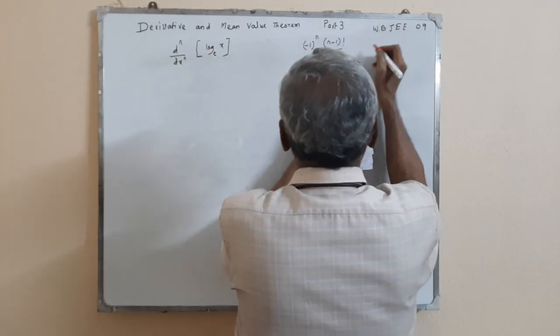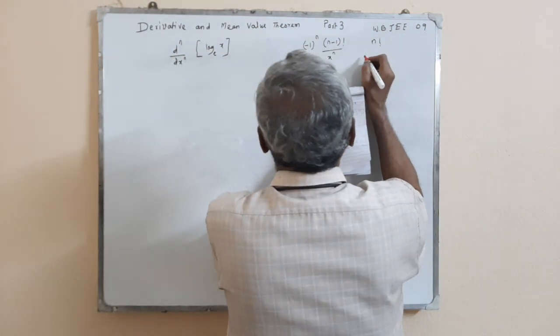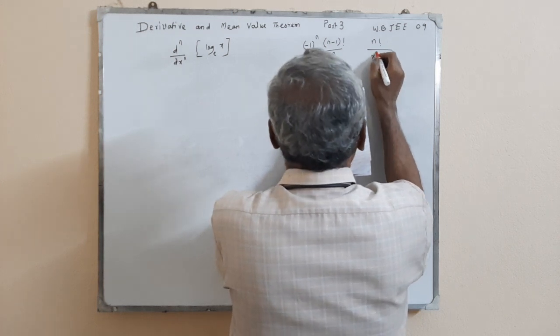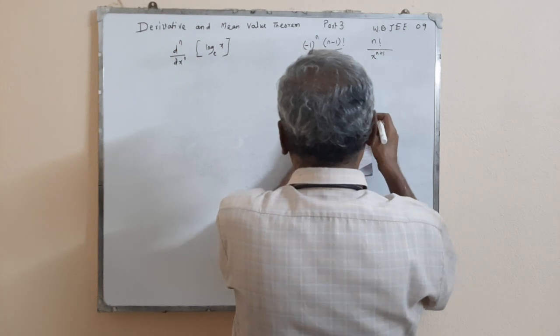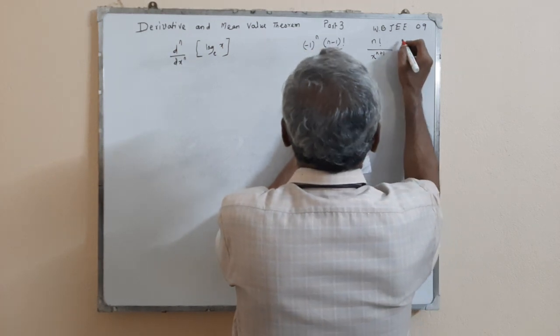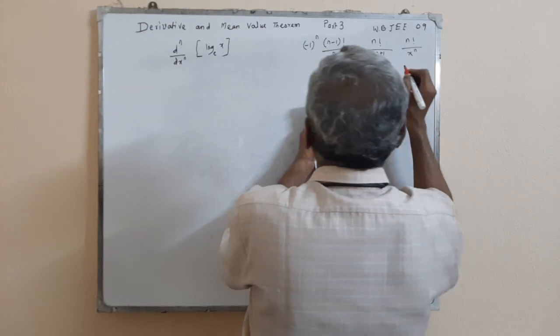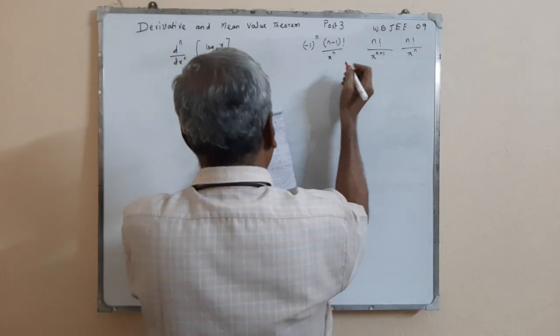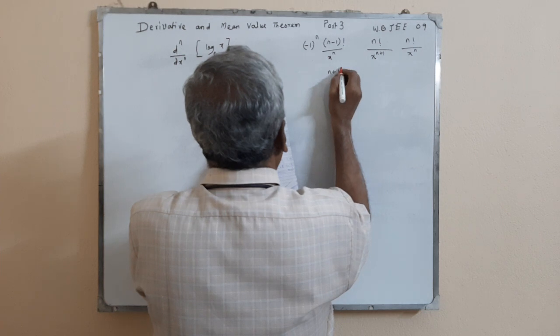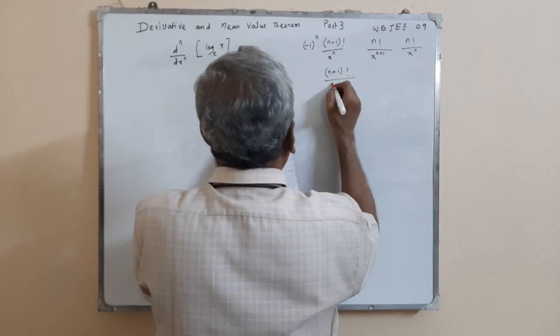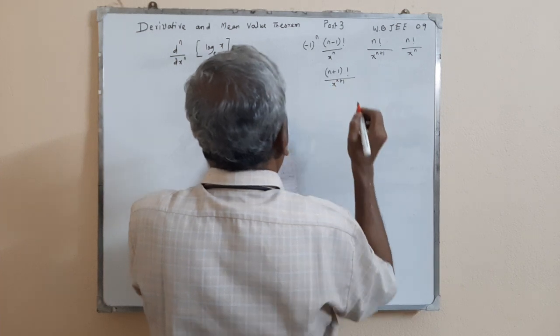Second option, factorial n by x to the power n plus 1. Third option, factorial n by x to the power n. Fourth option, (n plus 1) factorial by x to the power n plus 1.